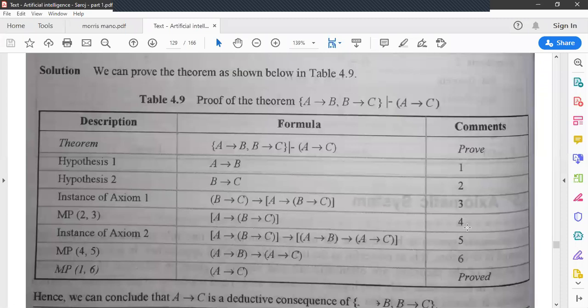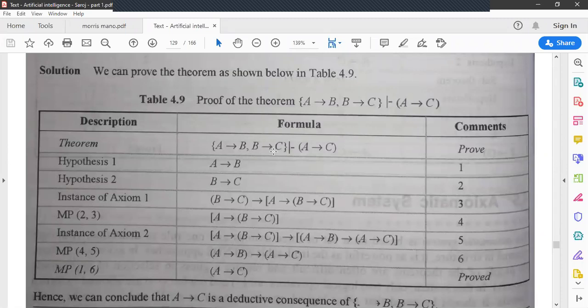Whenever you apply a rule, you mention that rule and the line number on which you are applying it. And the middle column contains the formula and how it is deduced from the given theorem to the deductive formula.